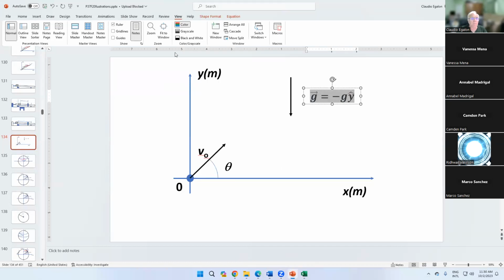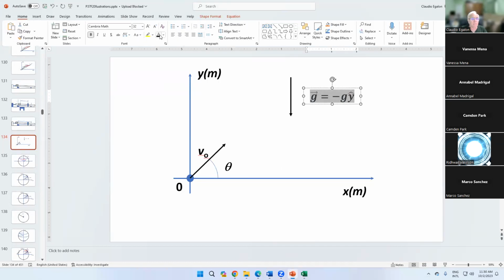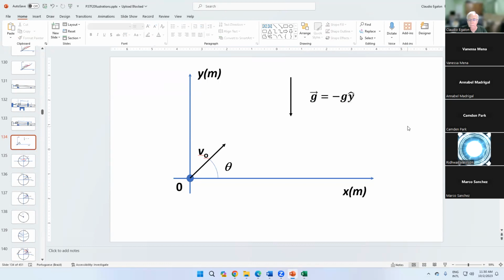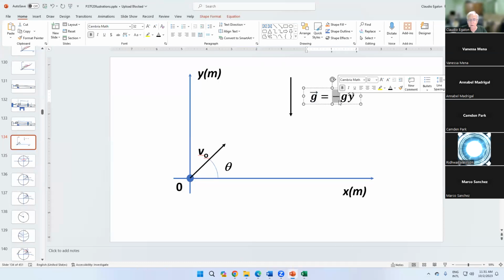Okay. I have another question. So when it comes to solving real problems, how come when you apply gravity, most of the time you just get rid of the minus and use 9.8 meters per second squared? You're asking how come some problems have this negative sign here, right?